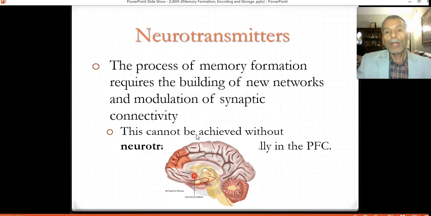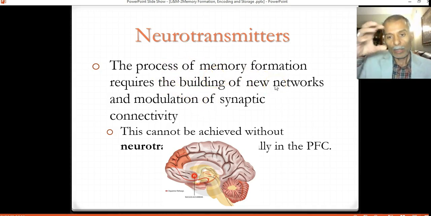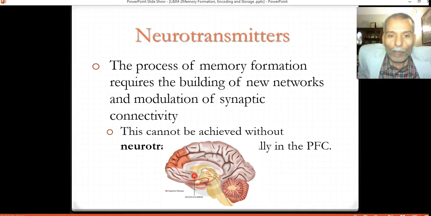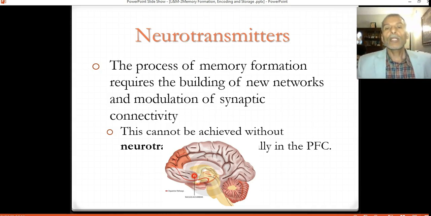The forming of new memories, taking experiences and putting them in a form that you can recall after, requires the building of new networks, and it requires modulation of synaptic connectivity.